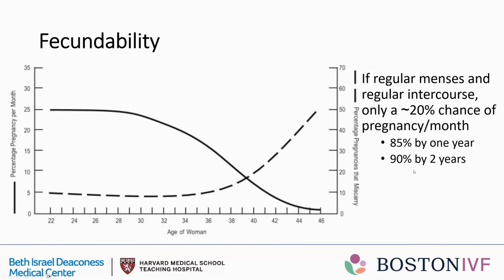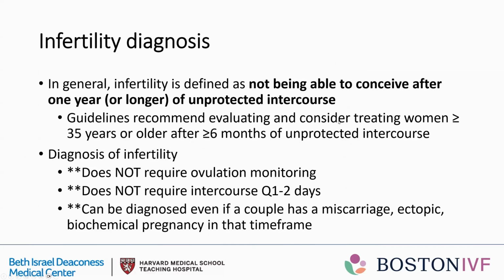And if you do the math, it's about an 85% chance of getting pregnant by 1 year. And if those that didn't get pregnant by 1 year continue to try, it's about a 90% chance by 2 years. So those that don't fall in this category and don't get pregnant meet diagnostic criteria for what we call infertility.